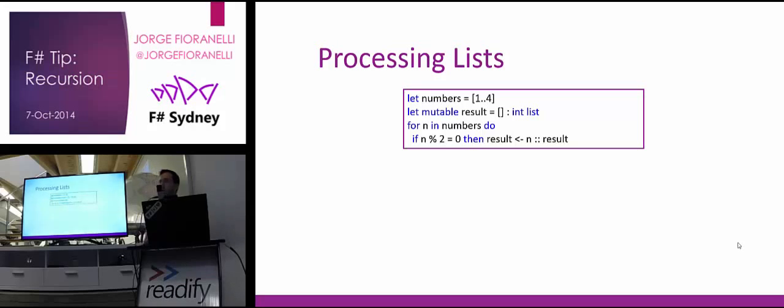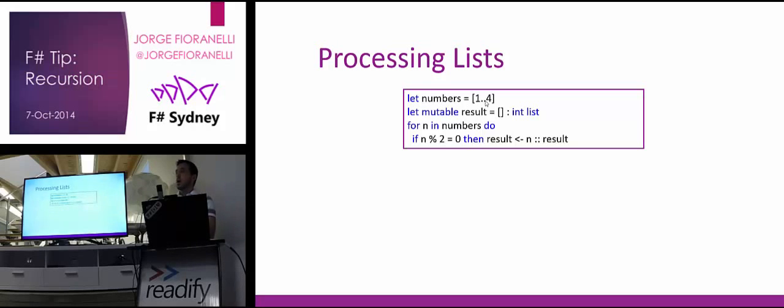So how would you process a list? Let's say you want to filter only the even numbers in one list. Using the imperative mindset, let's say you have a list there with numbers from 1 to 4, generated in F#, and you want to actually do what Hadi just said.